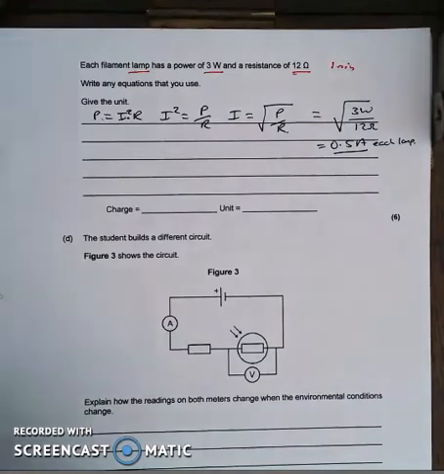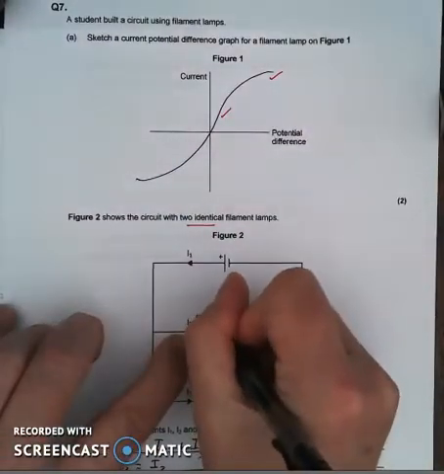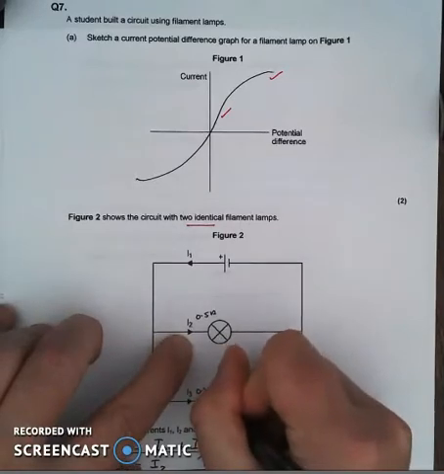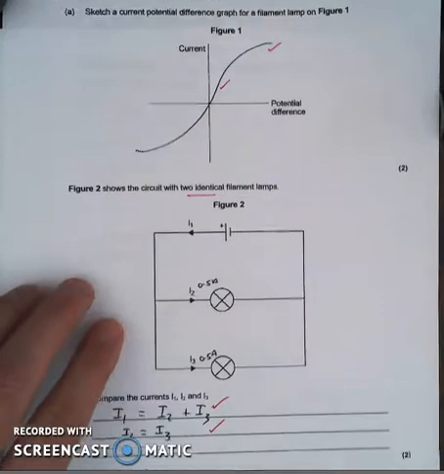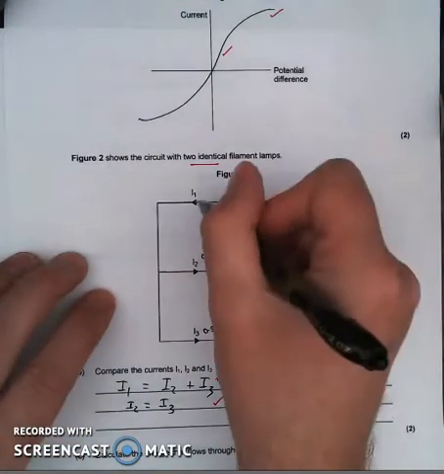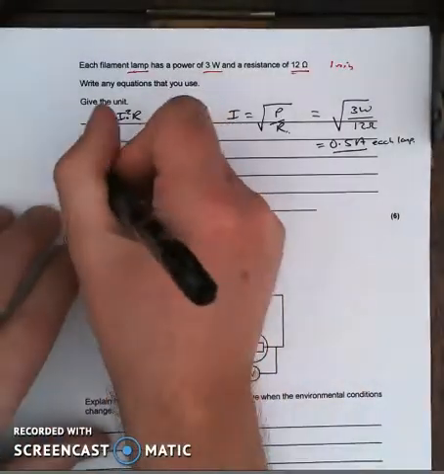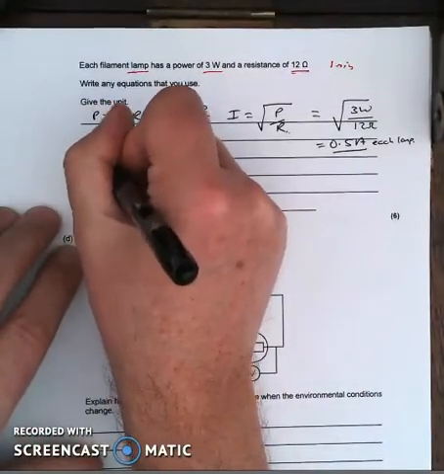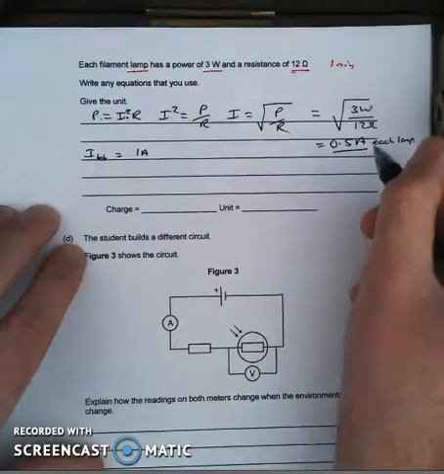Going back to the initial part though, if I know the current there is 0.5 amps, I know the current there is 0.5 amps, the current going through the entire cell, and that's what it says, charge through the cell, that's going to be the sum of those 2. So I total is going to be 1 amp. It's going to be 2 of those.